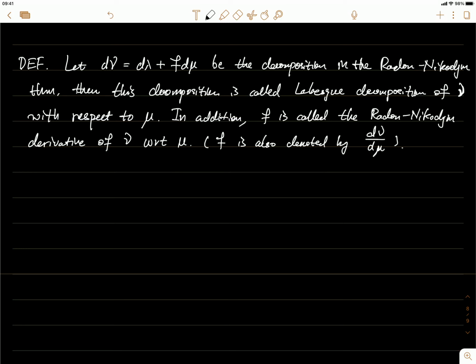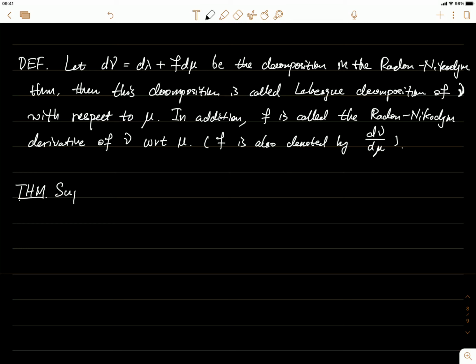Lastly, we give a result about this Radon-Nikodym derivative. It follows the common rules we had for the standard derivatives in calculus. The two key things are the change of variable and the chain rule, which hold in this case as well.